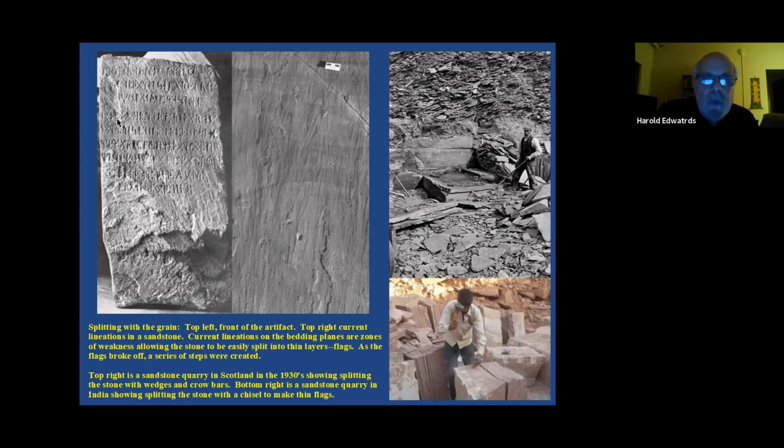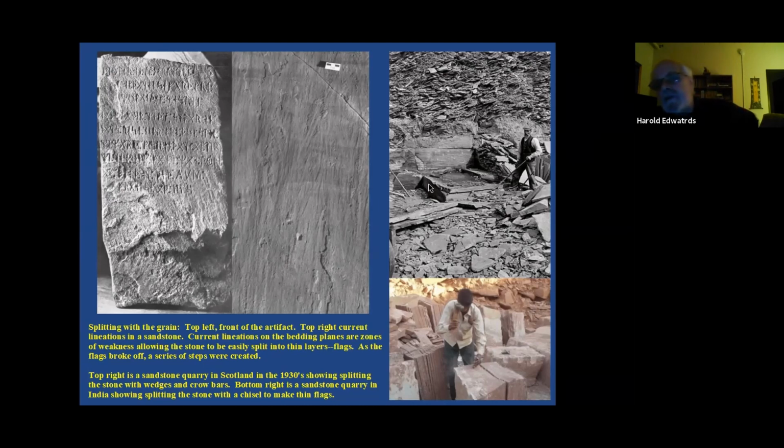These are planes of weakness, and they become planes of parting where the flags can be split off. And so there are a number of steps that were split off of this stone before the stucco coating was applied. And this is the oldest, and this is the next oldest, and we go down the stone to younger and younger pieces that have been broken off.